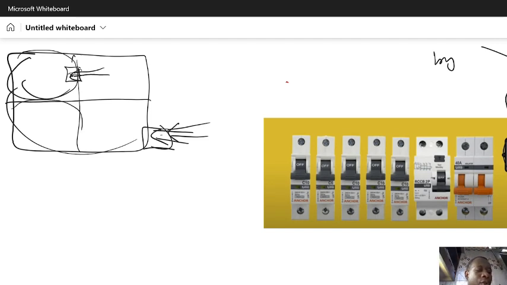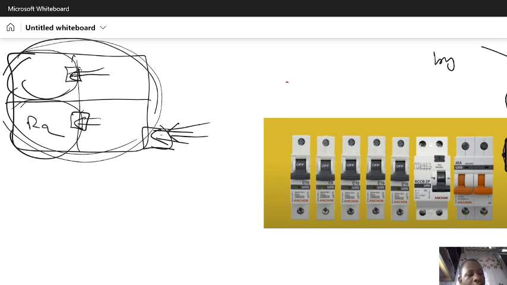Same for this room, I can put the energy meter here to measure its energy consumed. But when I want to measure the energy consumption of the whole house, I will put the energy meter here.